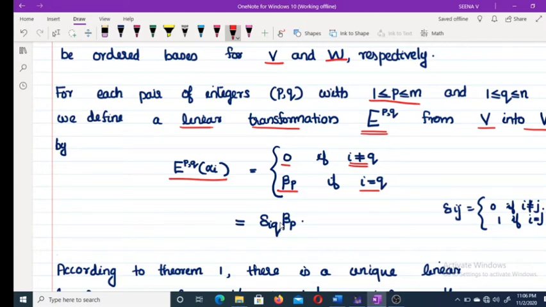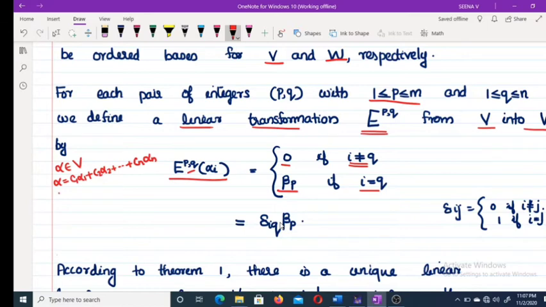Why is this defined for alpha i? As alpha 1, alpha 2, ..., alpha n is our ordered basis, once we define this for a basis element, we can clearly extend it to other elements. For example, if some alpha belongs to V, we can write alpha as c1 alpha 1 plus c2 alpha 2 plus ... plus cn alpha n.